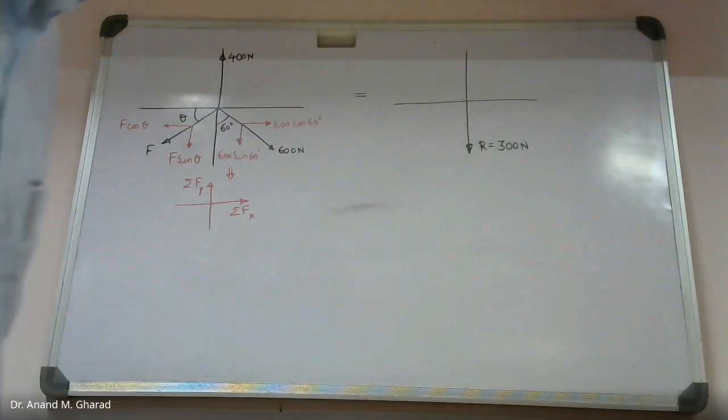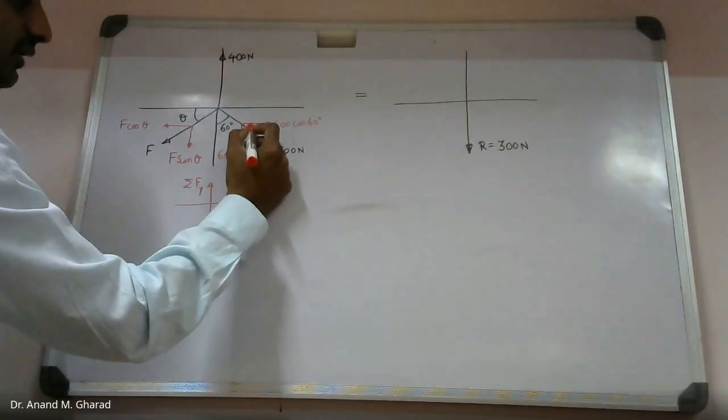Sir, in that, the x component will be sin 60, right? Pardon? Sir, for the 600 Newton force, the x component will be sin 60 and the y component cos 60. This one? Yes sir, because the angle is given from the y-axis. What will be this angle? 30 degree, sir. 30 degree.